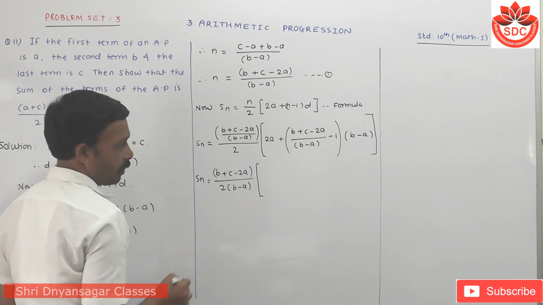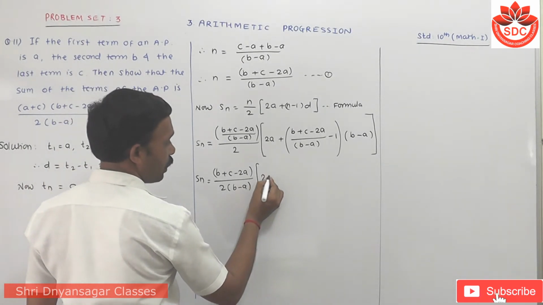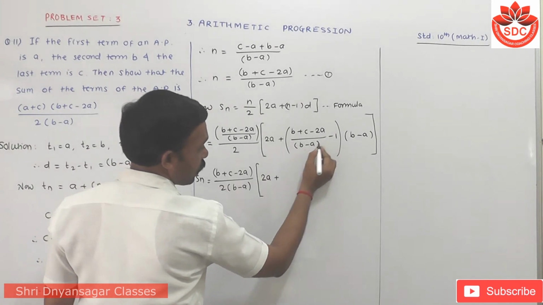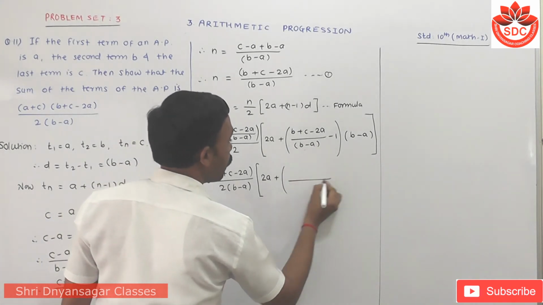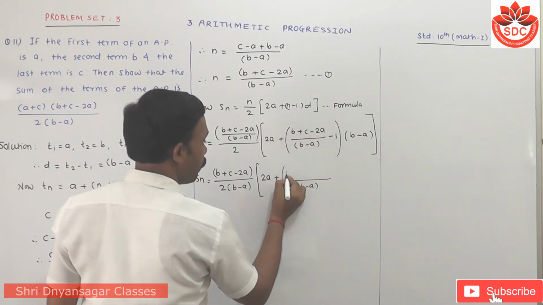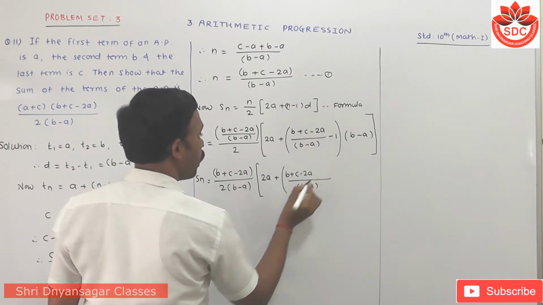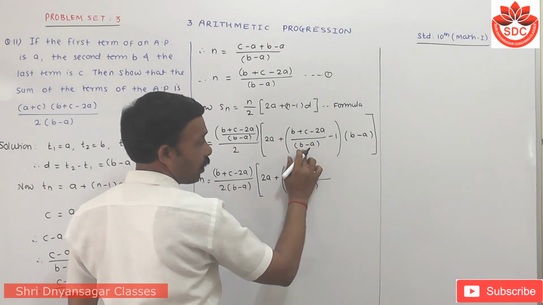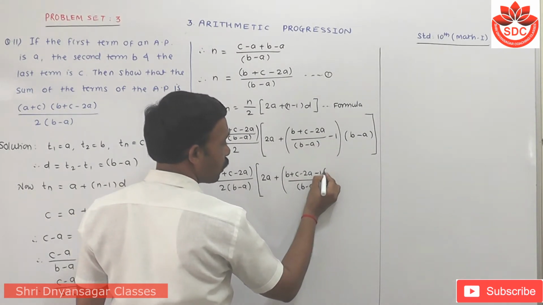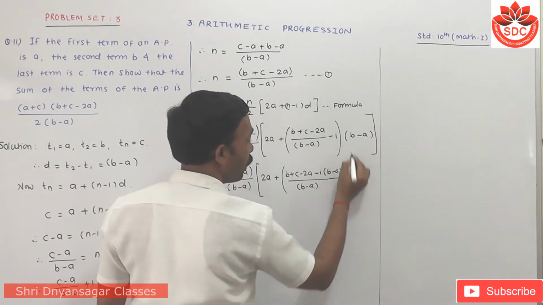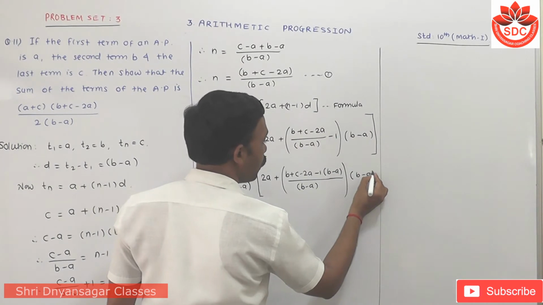Now this calculation is also a simple one, only look carefully. 2a plus, I first write the LCM of this bracket. First LCM is b − a. Then this as it is, b + c − 2a. Then you have to multiply this minus 1 to this b − a, so minus 1 in bracket (b − a). And d is added as it is, b − a.